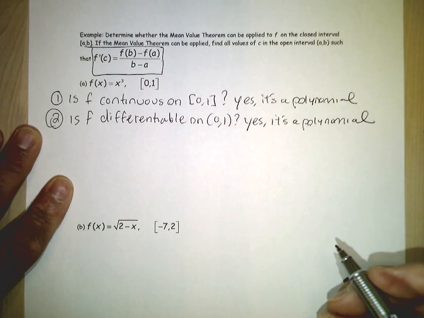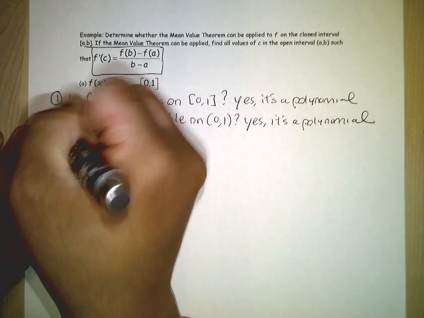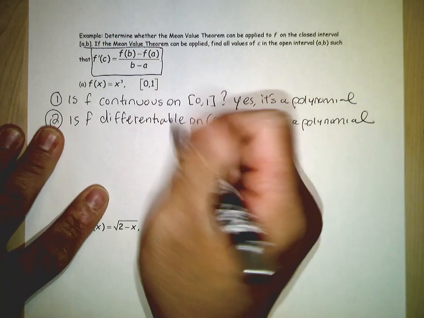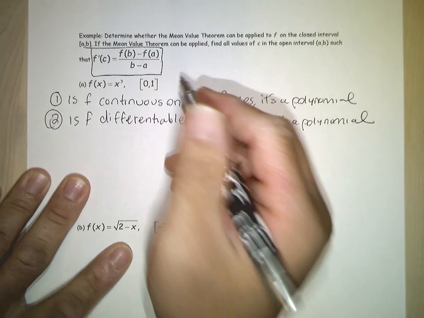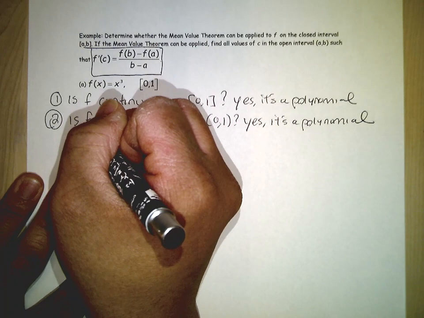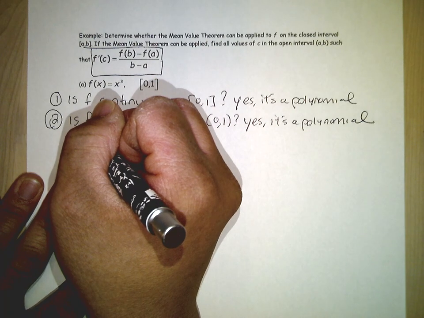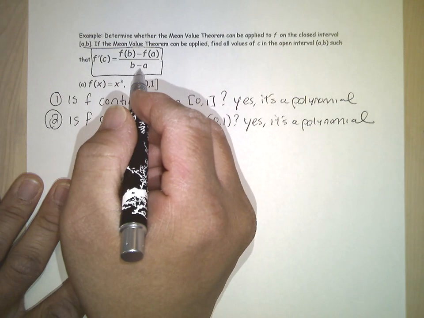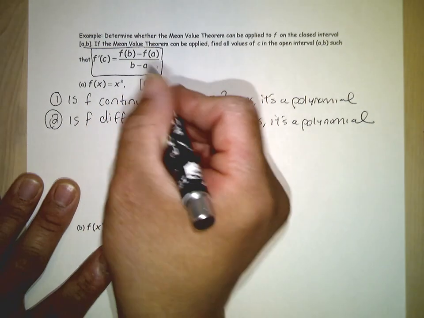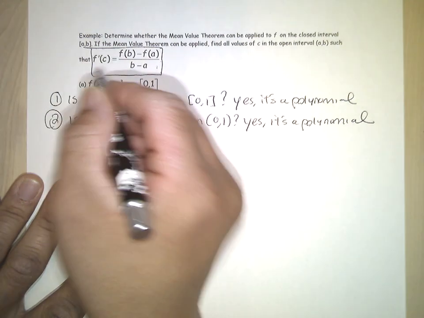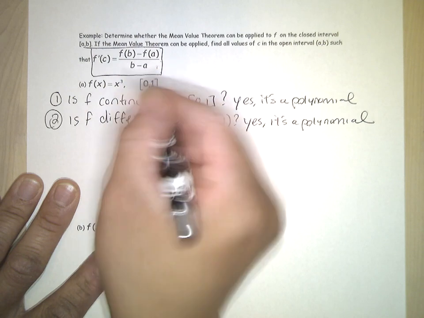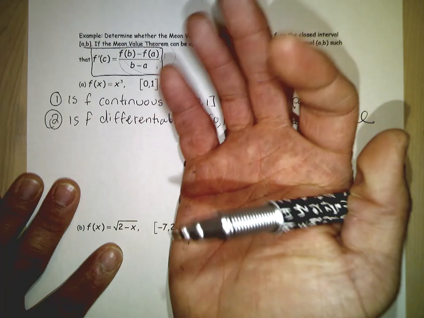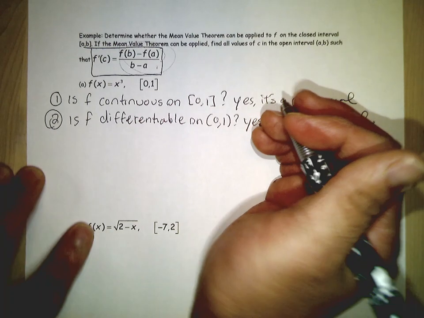And now, guess what? We can see whether we can find this value easily or not. Remember that we don't necessarily need to check that f of b equals f of a here, because we're just trying to figure out the c value that would give this value, not necessarily whether it's 0 or not.